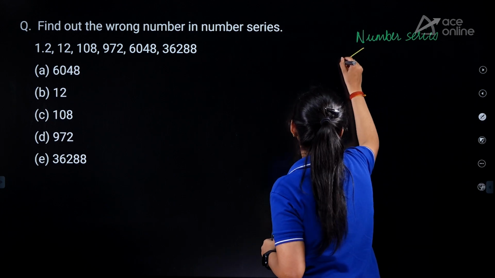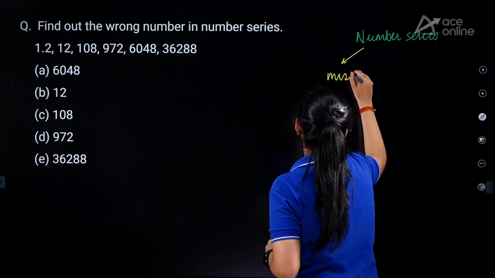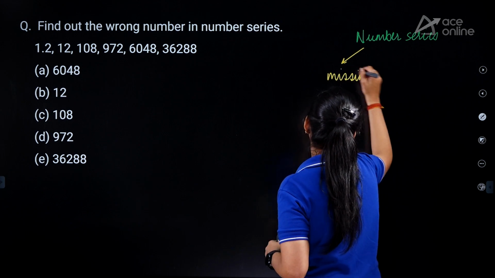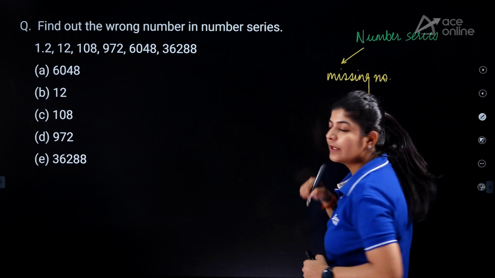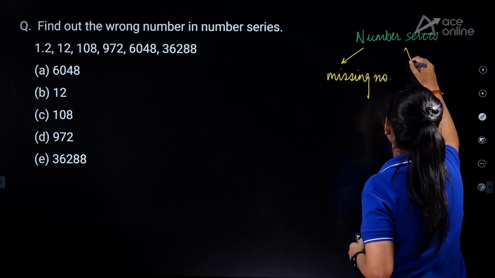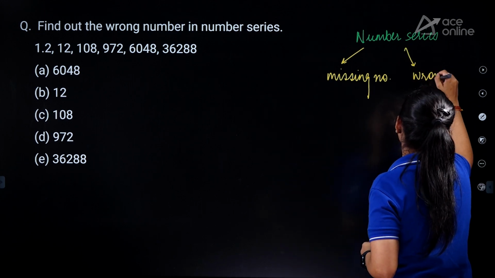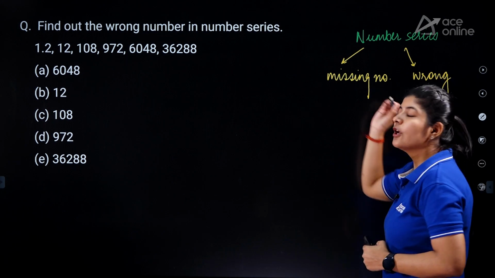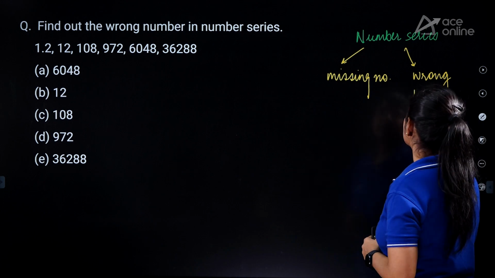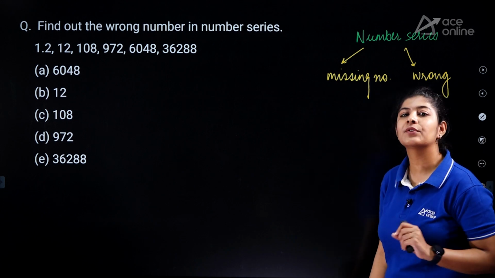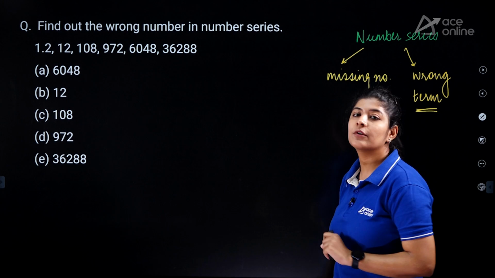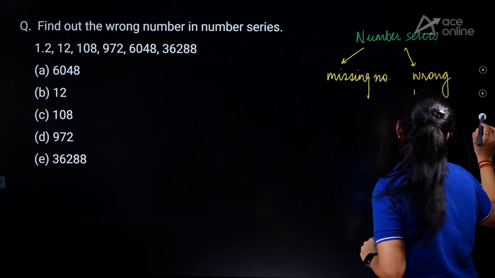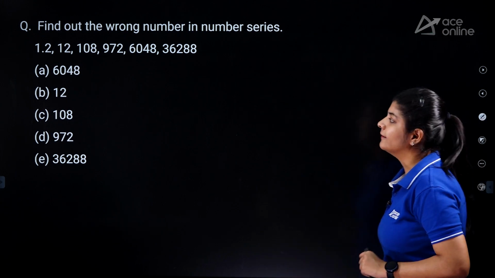The first type says that you have to find out the missing number, the missing character. And the second one is you have to find out the wrong term or the wrong character, right? So here we are having the second type, that we have to determine the wrong number over here.